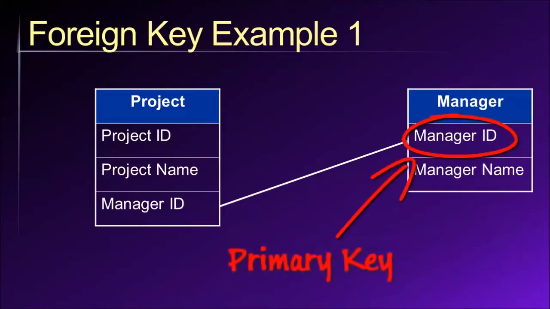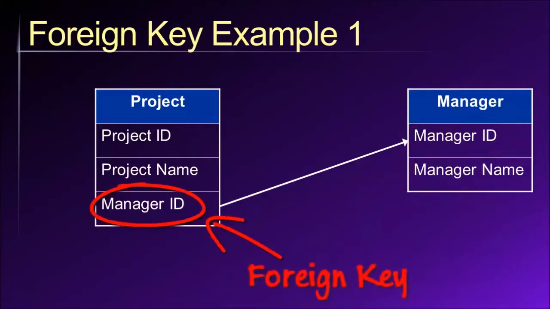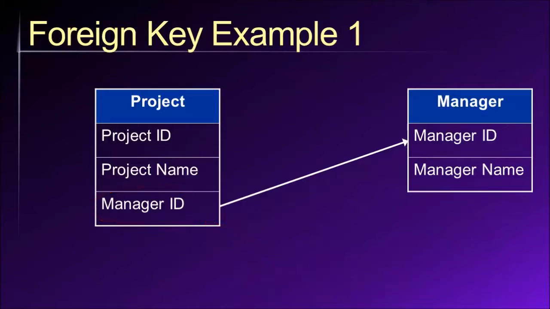In this case, manager ID within the manager table is the primary key, and we have placed manager ID into the project table to serve as a foreign key. In this way, if we know the manager ID for a specific project, we can easily determine the name of the manager by using that ID to look inside the manager table.